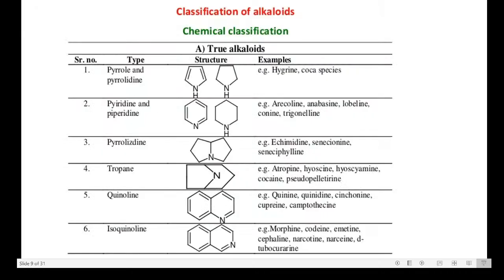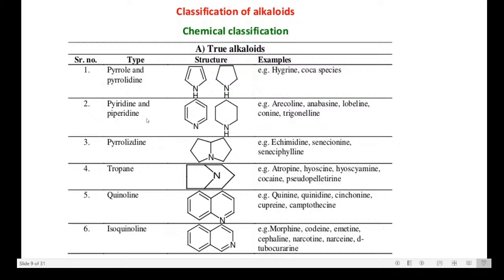Okay, I'm here to give the example classification of true alkaloids. We have pyrrole and pyrrolidine. The structure looks like here. This is hygrine, which is in the coca species. And pyridine, that is piperidine.